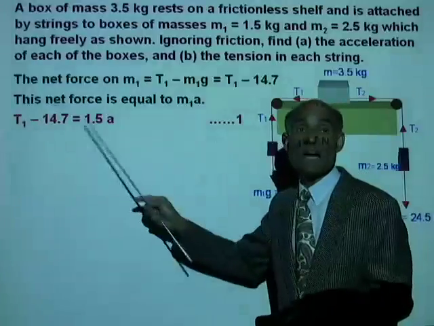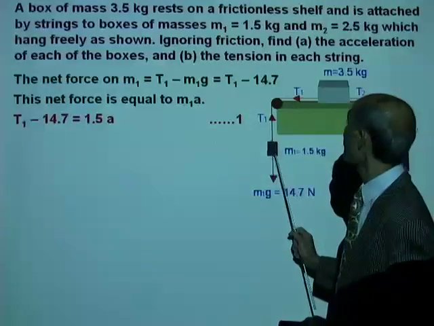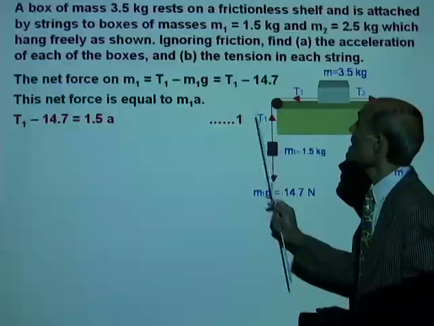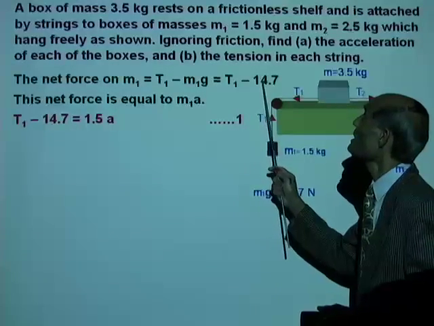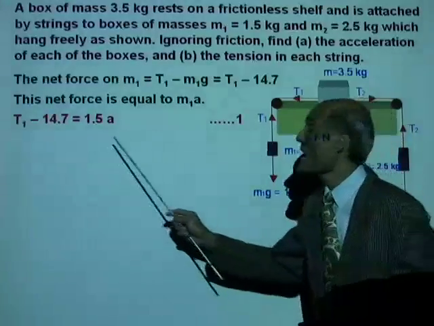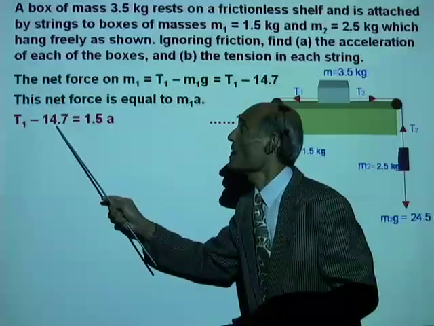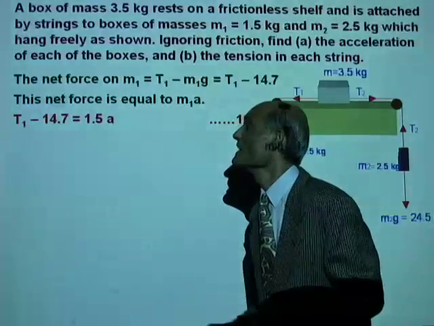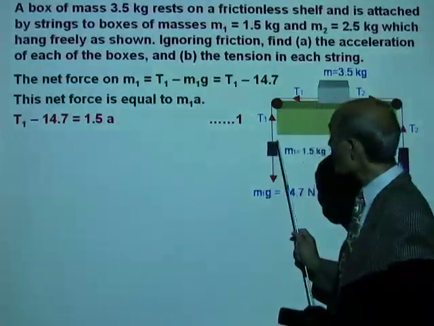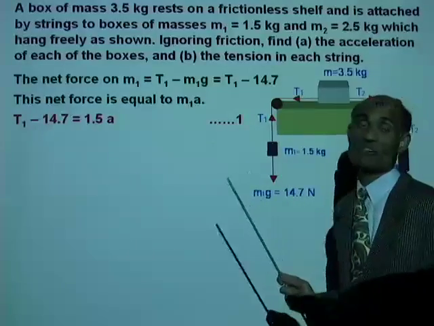Well, before we do that, let's write down the equation for M1. The net force on M1, T1 minus 14.7 equal to M1A. So T1 minus 14.7 equal to 1.5A. That is the equation for the mass M1.